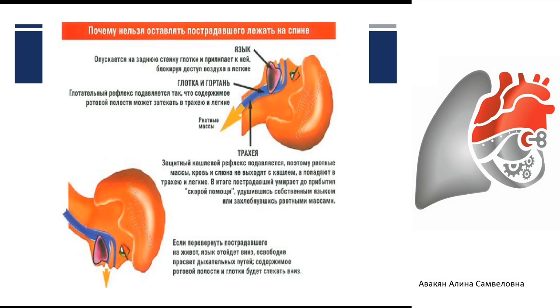The protective cough reflex is suppressed, so vomit, blood, saliva do not come out with a cough, but enter the trachea and lungs. The victim dies by suffocating on their own tongue or by vomiting.